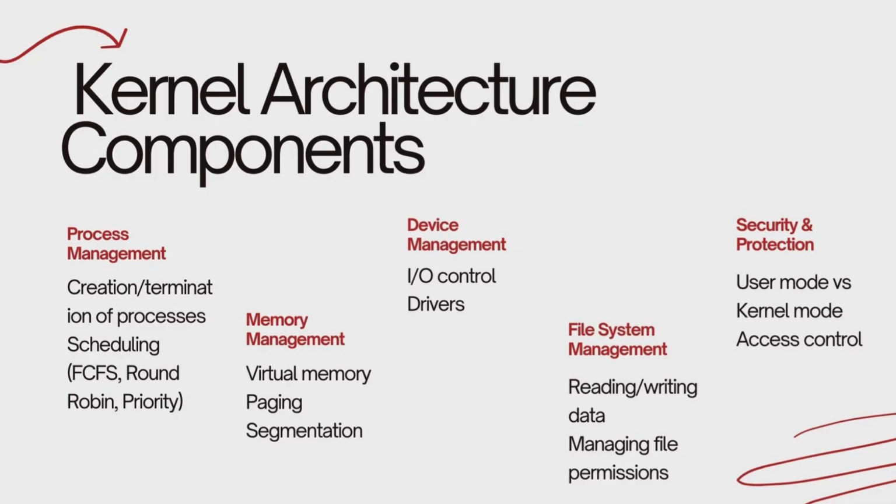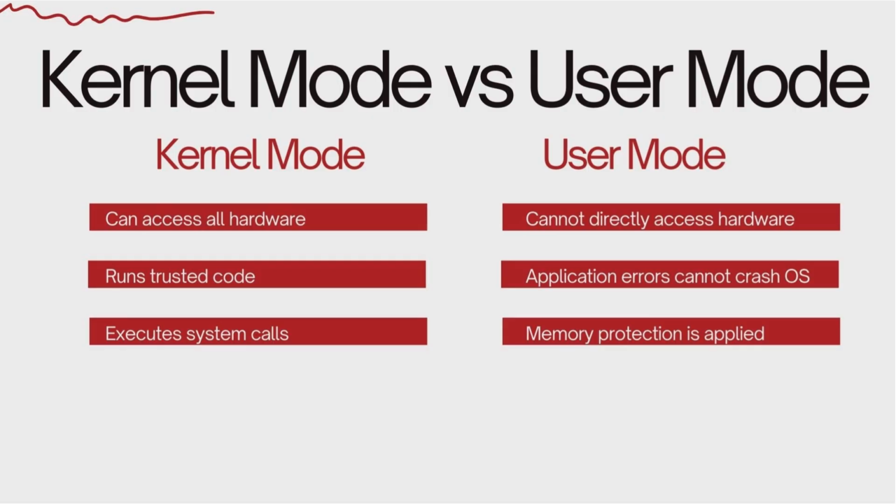What is the difference between kernel mode and user mode? The computer runs code in two ways. The kernel mode is a special, powerful mode. The system has full and direct access to your CPU and all of the hardware. If something goes wrong here, the entire system might crash.